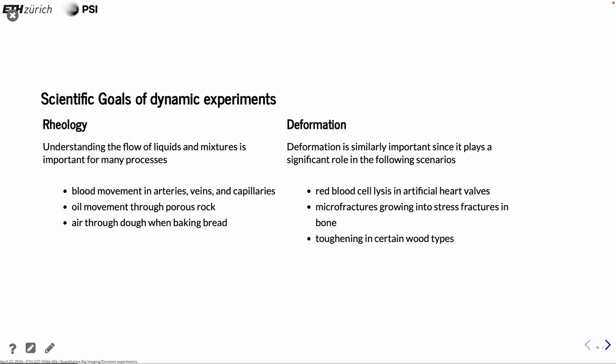Deformation is the other side, and we can actually go to sub-pixel resolution with the deformation analysis, really getting strain fields, coming to that a little bit later. And that is also a part that we can do with the time series analysis. And of course, there are many, many more applications, but some of them are these.